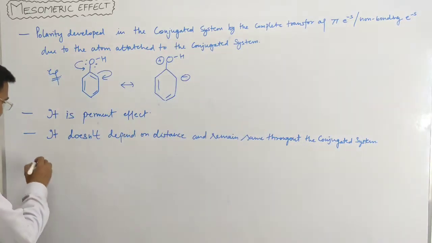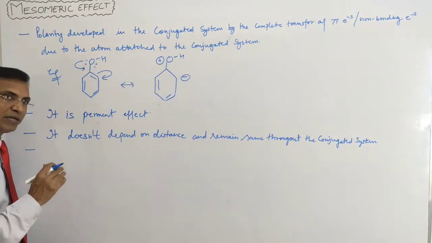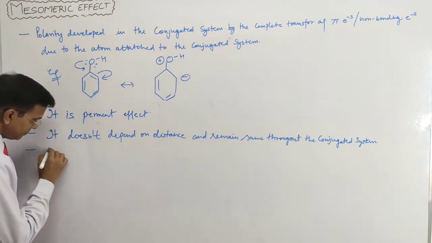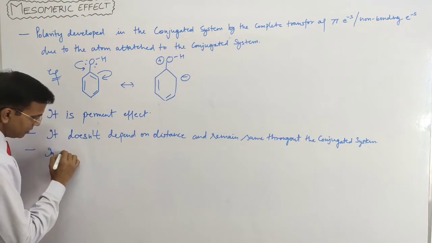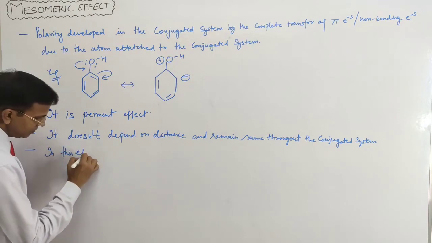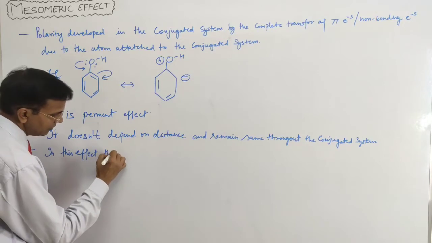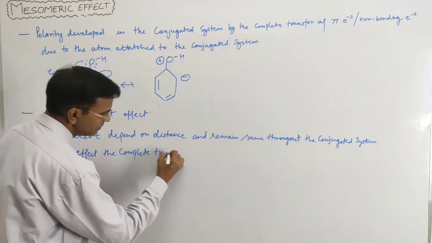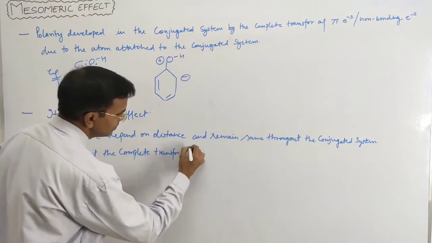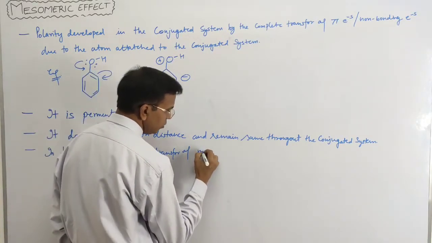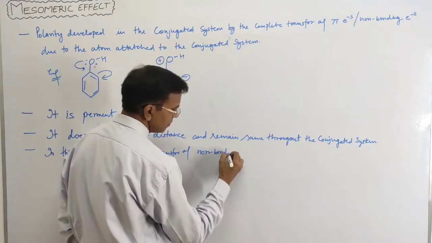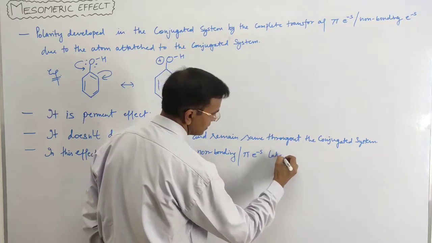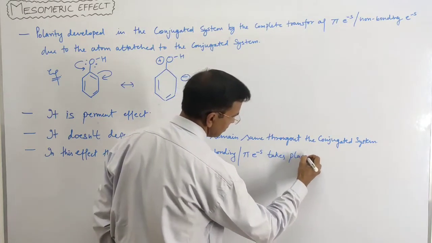right? Now the next point is, in this mesomeric effect the complete transfer of electrons takes place. So complete transfer in this effect, the complete transfer of non-bonding or pi electrons takes place, right?